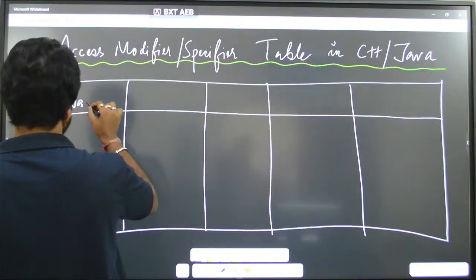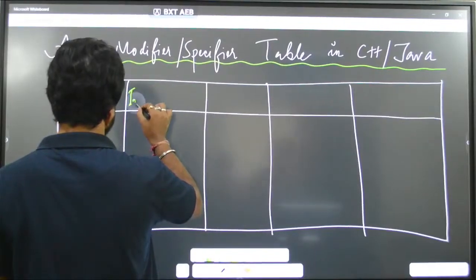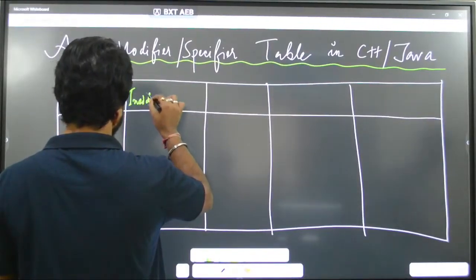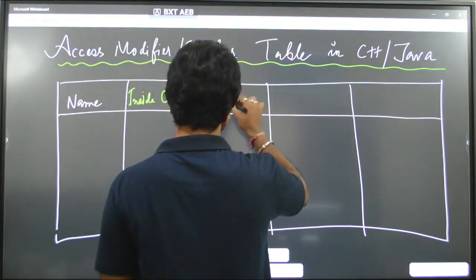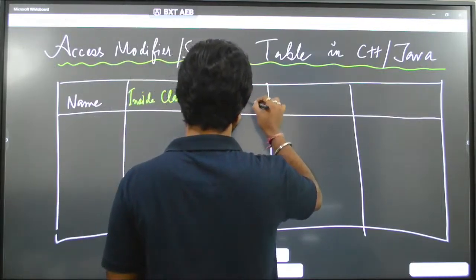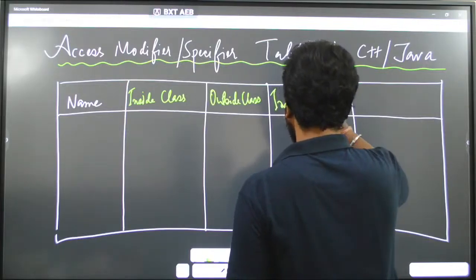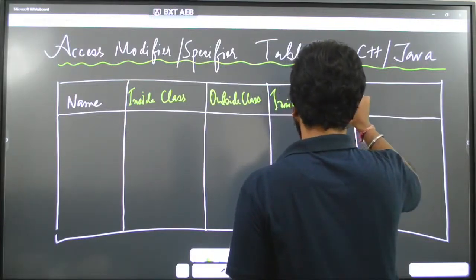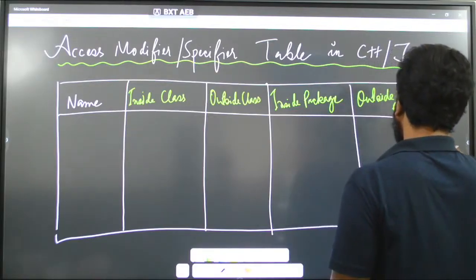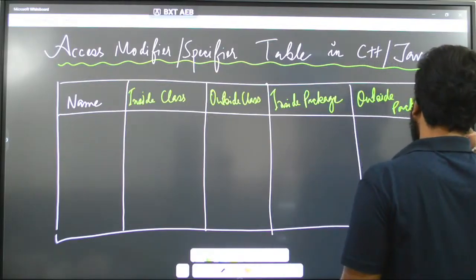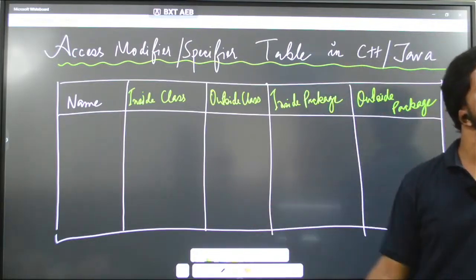Name, then this is inside class, this will be outside class, this is inside package, and this is outside package. Fine. So guys, if you remember this table, it will be very easy for you to understand this.